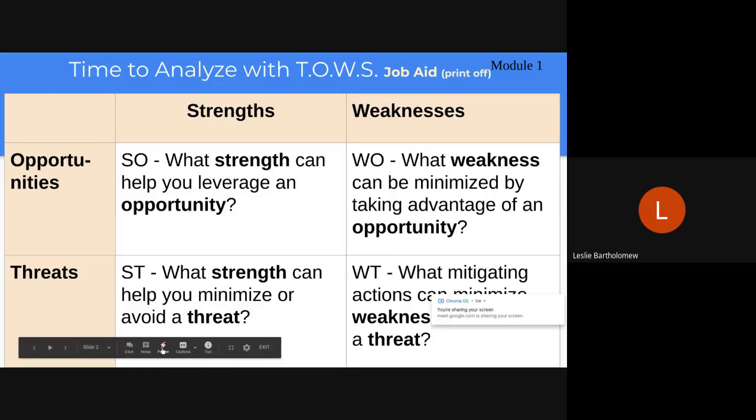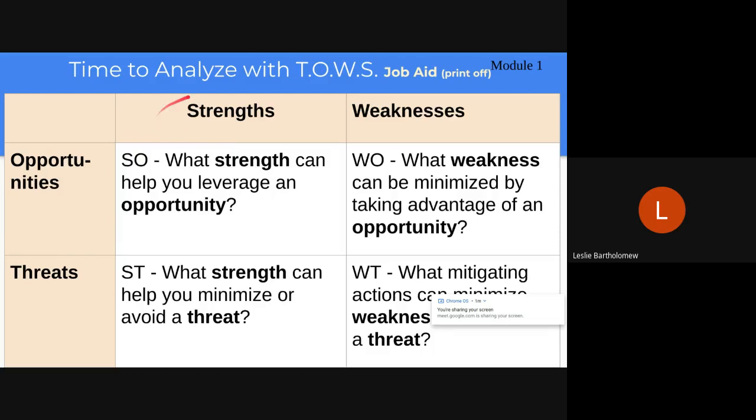So here we have around the top and left side are actual SWOT analysis categories: strengths, weaknesses, opportunities, and threats. And what the TOWS analysis does is it guides us to look at these in specific pairs, and asking very specific questions when we're looking at that pairing.